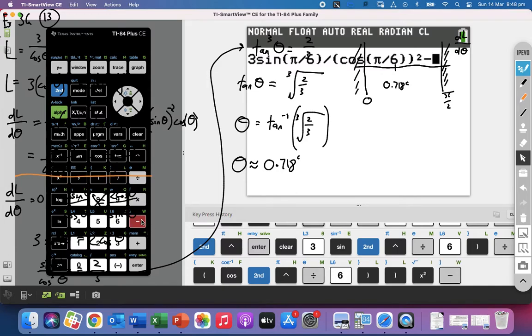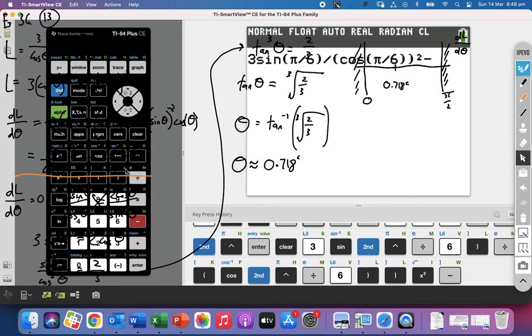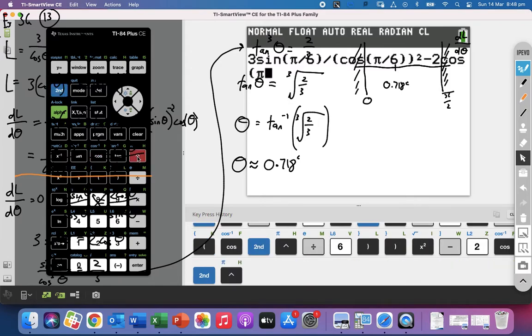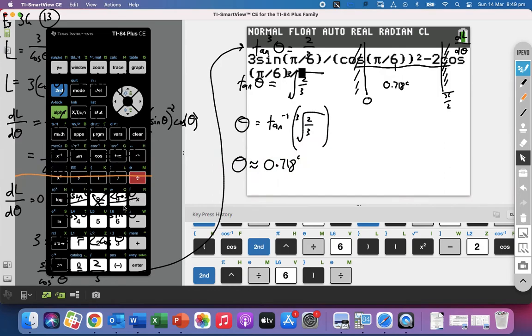I think it was minus 2 cos theta on sine squared theta. 2 cos pi on 6 divide, oh look, I forgot already, sine squared theta, oh yeah, that's right, sine pi on 6, it's a mess, isn't it? And that's all squared.